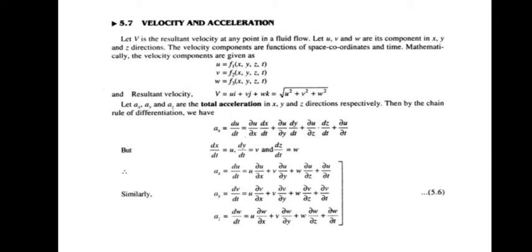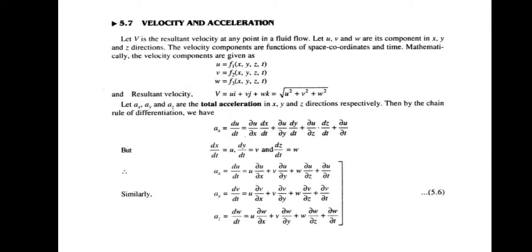So by using partial derivatives, we have ∂u/∂x multiplied by dx/dt plus ∂u/∂y multiplied by dy/dt plus ∂u/∂z multiplied by dz/dt plus ∂u/∂t. But we know that dx/dt is equal to u, dy/dt is equal to v, and dz/dt is equal to w. That means these are the velocity components in x, y and z directions.